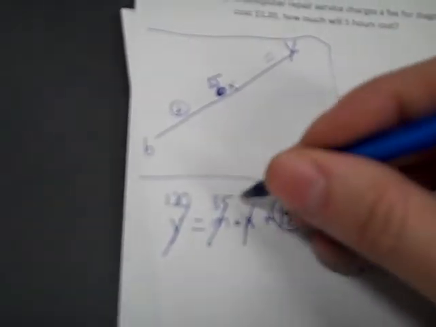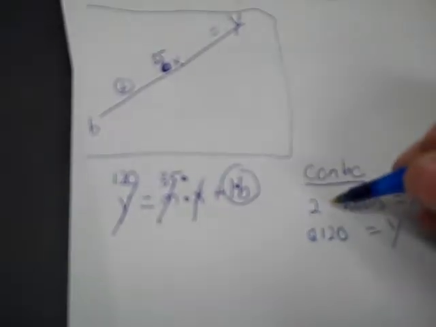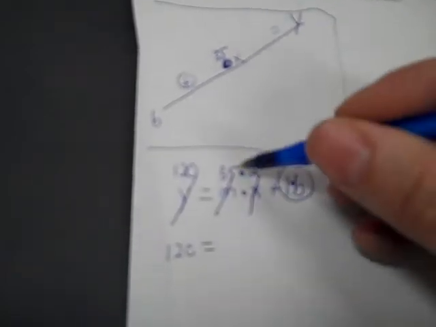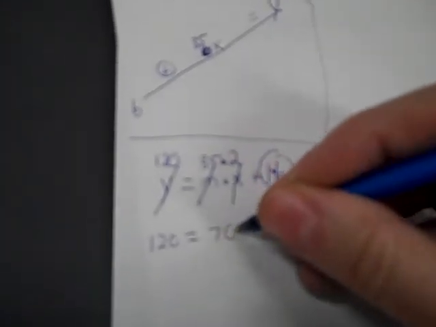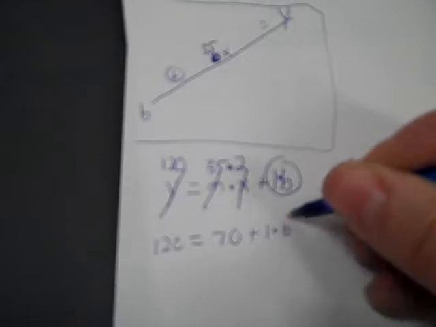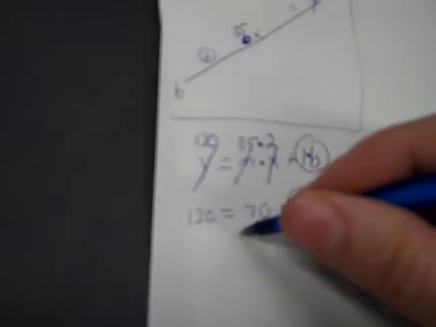Okay, so 120 takes the place of the y, and then next to 35 I put times 2. So I have 120 equals, but then I'm going to take 35 times 2. Okay, that's 70. And then plus 1 dot b. Keep circling the 1 dot b. So now we minus the 70, because outside the circle you got a 70.